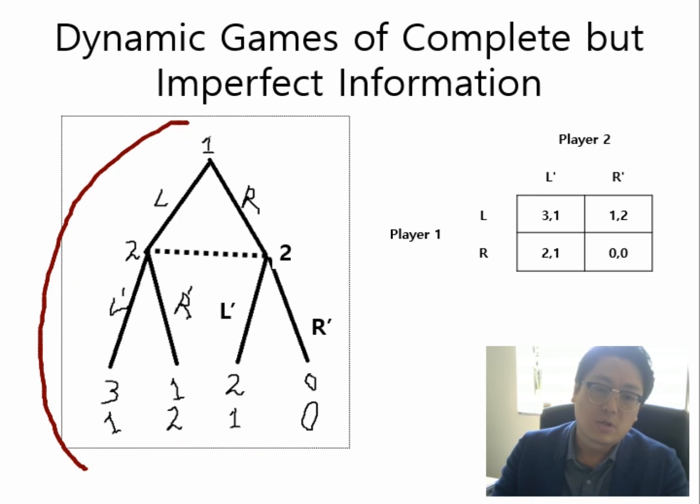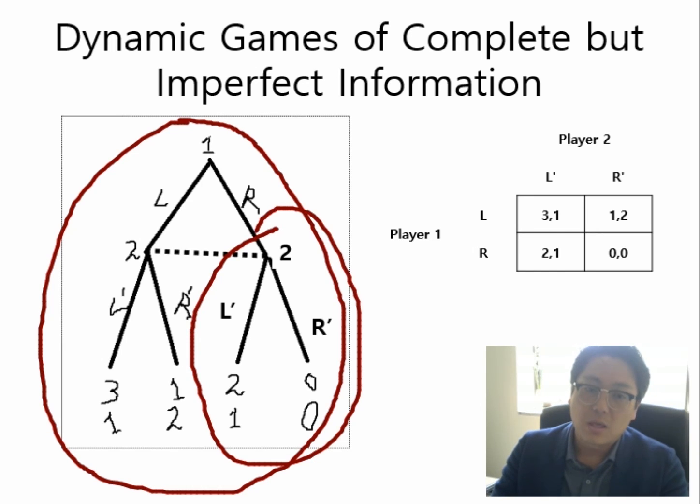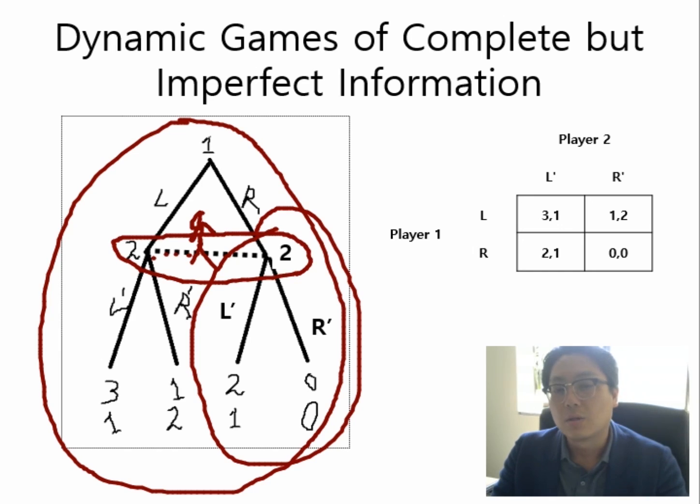Well, this is the original game or subgame as well. But this is not the subgame. Even though the second player can try to play a game, she does not know where she is standing because of this dotted line. These two nodes are in the same information set.